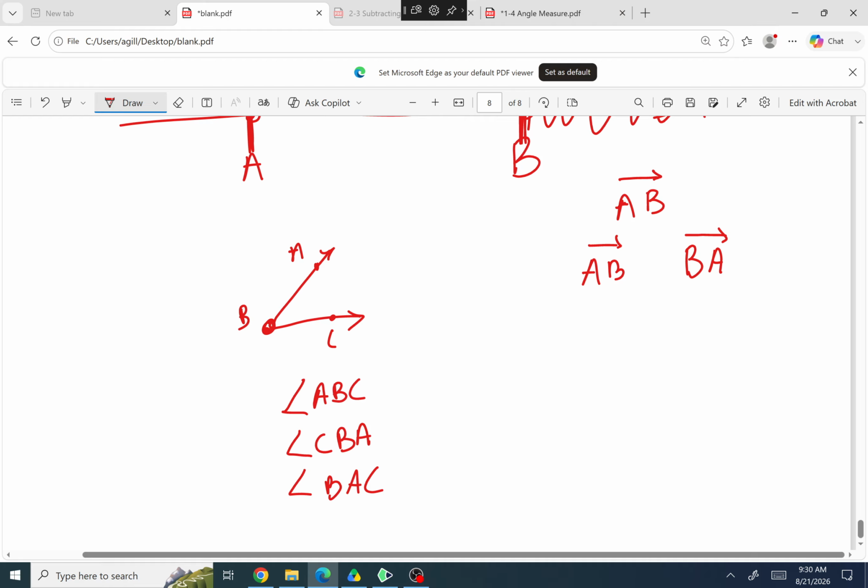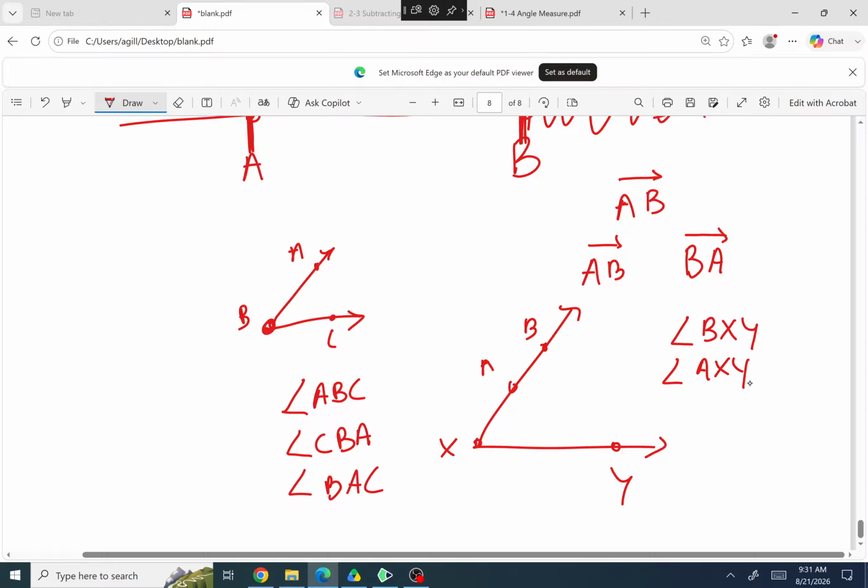We typically write them in alphabetical order if we can, right? But if I made this angle, and I had these 2 points here, I don't know, A, B, X, Y. I could name this angle BXY if I wanted. I could name this angle AXY, right?